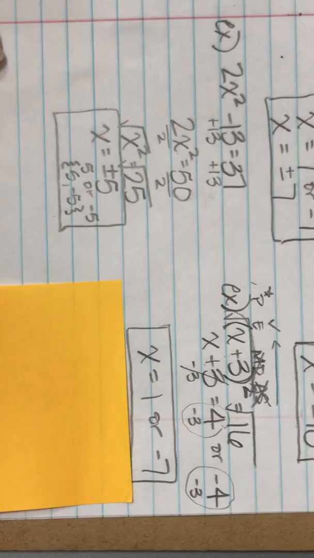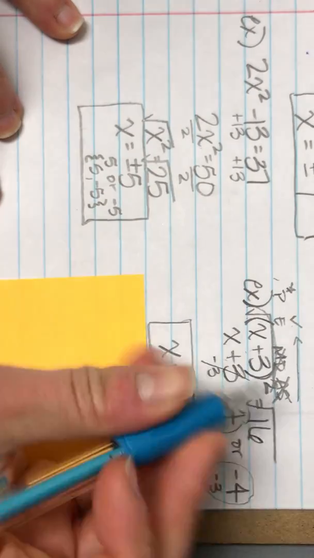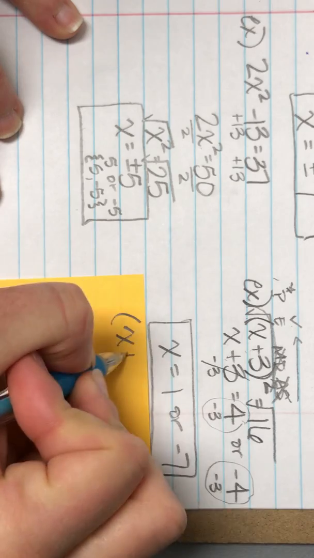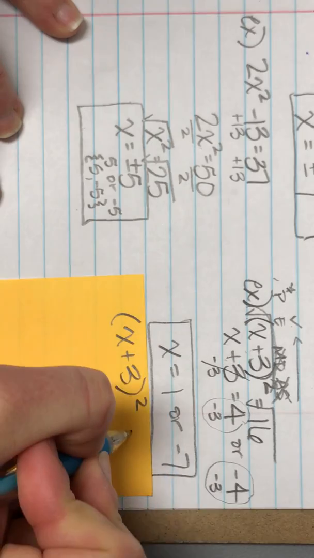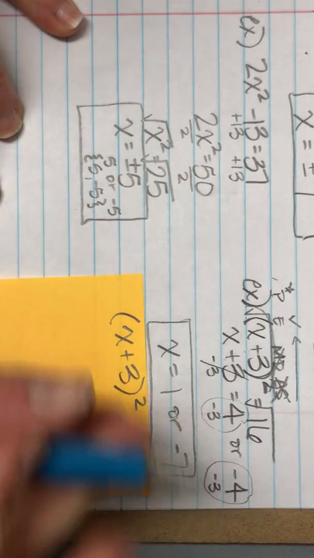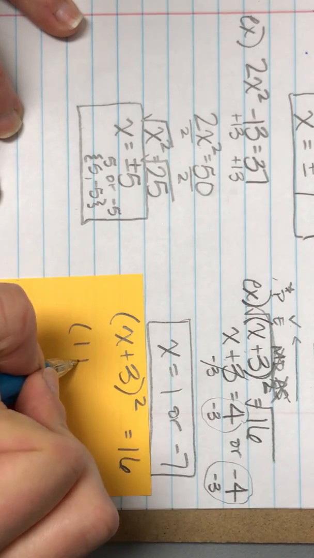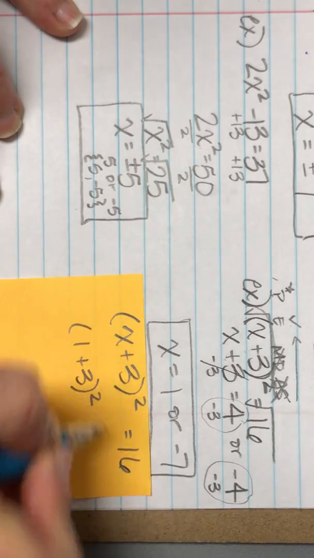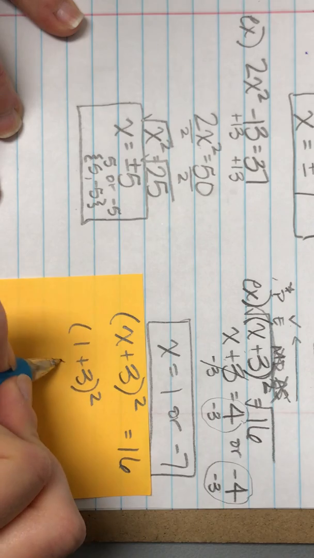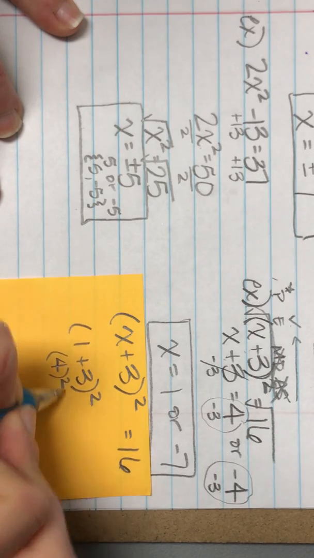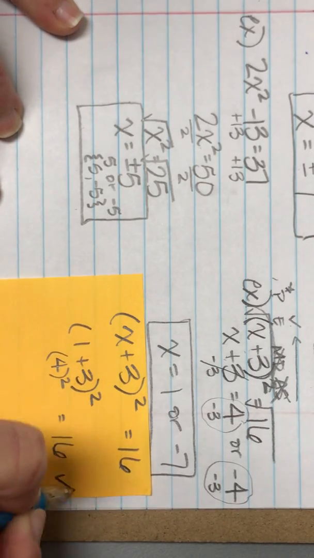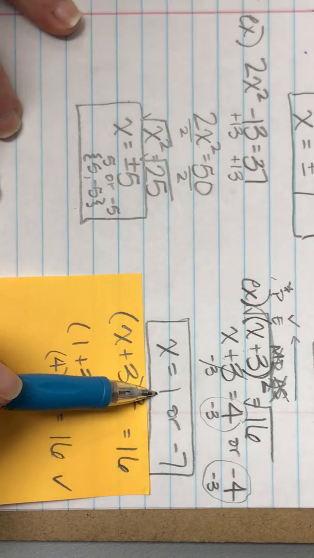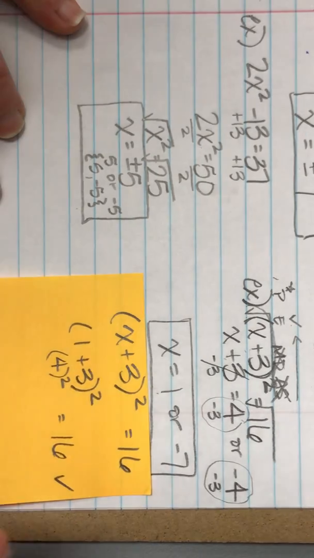So if I test out the 1, I'm going to use this formula, this x plus 3 squared, and I know it needs to equal 16. So let's plug in a 1 and see what happens. 1 plus 3 squared, well, 1 plus 3 is 4 squared, which makes 16. So the 1 totally works. I just proved it.